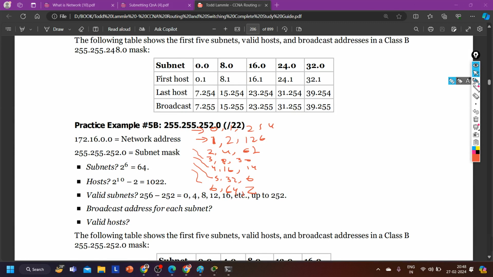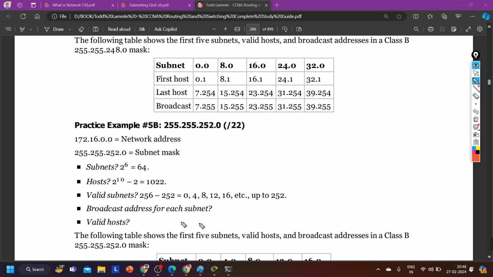You can see when we are increasing the CIDR value, the number of borrowed bits is increasing, the number of networks is increasing, but valid hosts are decreasing. If the total size of one network is 254 and you divide it into two parts, the number of valid hosts in one network will decrease, while the number of networks and borrowed bits will increase. Same formula you can use over here.